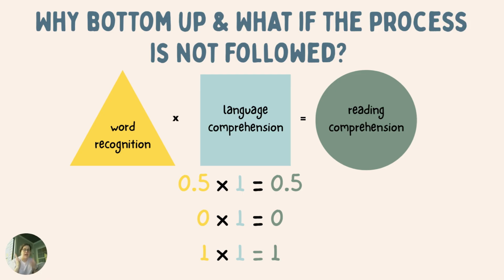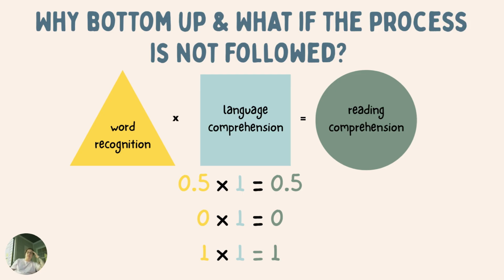But if you have word recognition and language comprehension, you have reading comprehension. However, it's also important to note that if one score doesn't improve, like they both stay stagnant, the other is impacted, making skilled reading comprehension unattainable. So let's say word recognition is half, language comprehension is half. That would make reading comprehension equal a quarter.